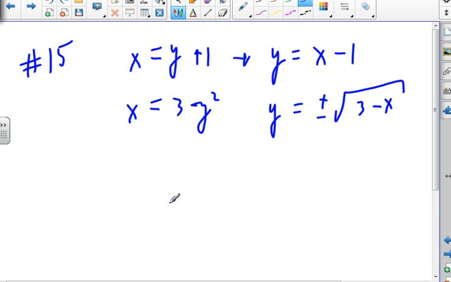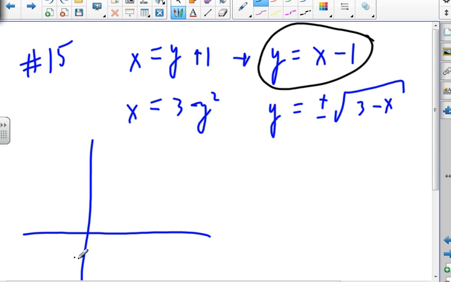Okay, so now I look at that and I say, there's minus 1, and I have a straight line, and there's 1. Now, this guy, when x is 0, y is the square root of 3.